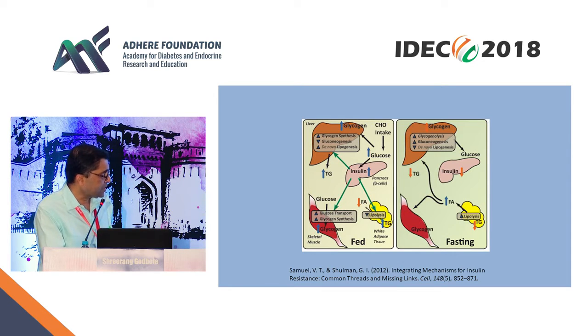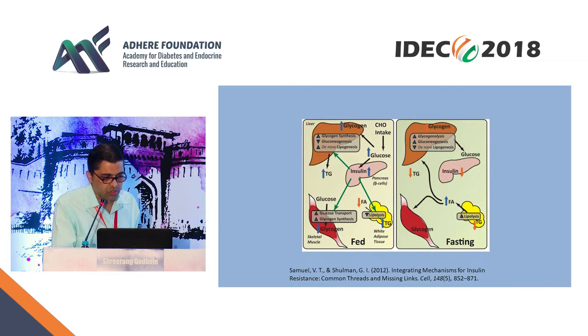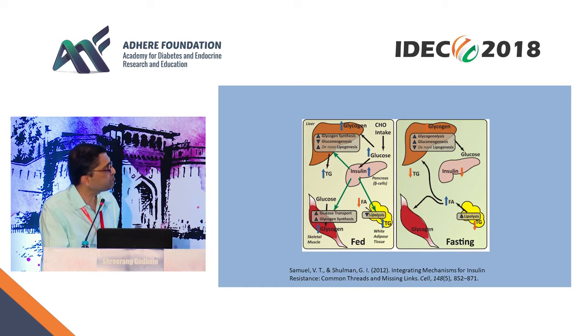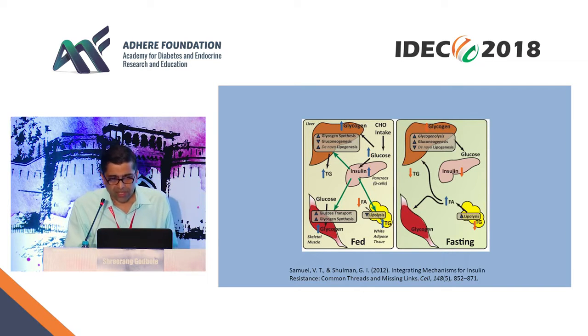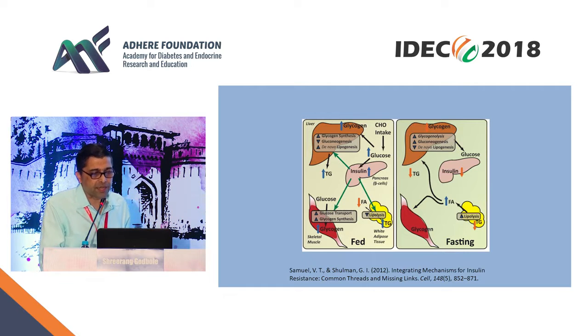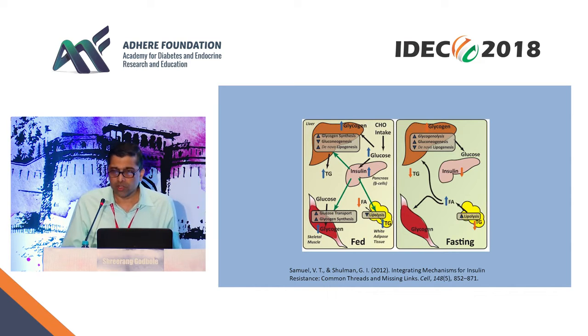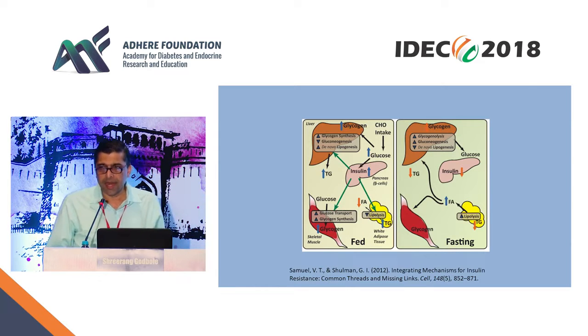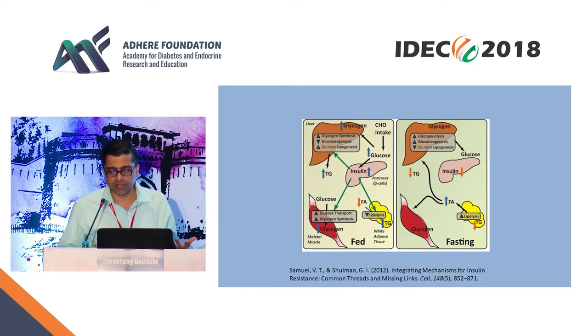At the level of the skeletal muscle, the insulin promotes the transport of glucose and glycogen synthesis. At the level of the liver, it suppresses gluconeogenesis and at the same time increases both the synthesis of glycogen and lipogenesis. And at the level of the adipose tissue, the insulin would suppress the lipolysis and promote lipogenesis.